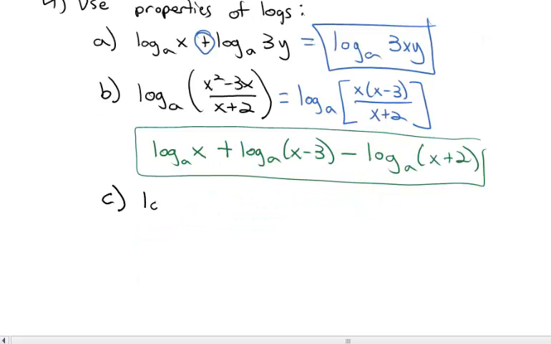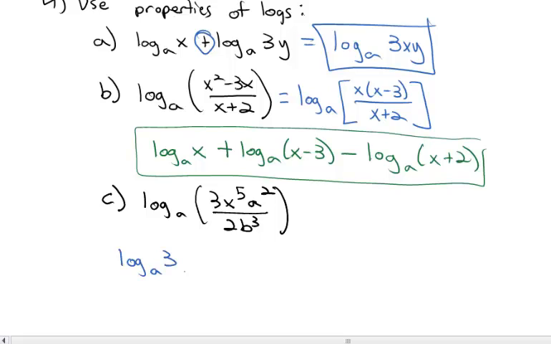How about this one? Log base a of 3x to the 5th a squared over 2b cubed. Well, if we start expanding one log for every factor, we have log base a of 3 plus, because it's multiplied, log base a of x to the 5th plus, because it's multiplied, log base a of a squared minus, because we're dividing by it, log base a of 2.